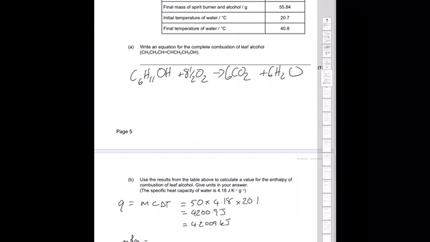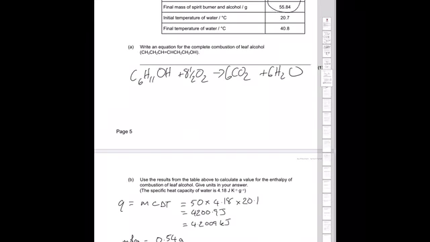So we need to work out the number of moles of fuel. Now we've got a mass of fuel. So our mass of fuel equals 0.54 grams, and we divide it by the relative formula mass. We're going to need to work that out because what is it? C6H11OH.